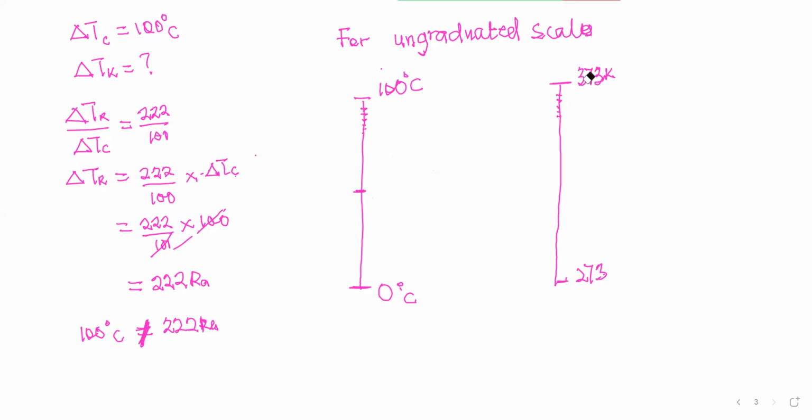And supposing we have a thermometer that is ungraduated, we do not have this. All that we have is the length of mercury. We are told when we compare it to Celsius scale, at 0 degrees Celsius, we have a length of mercury of maybe 5 centimeters.